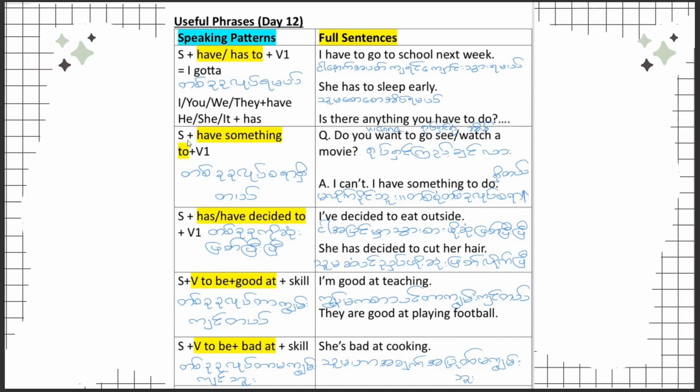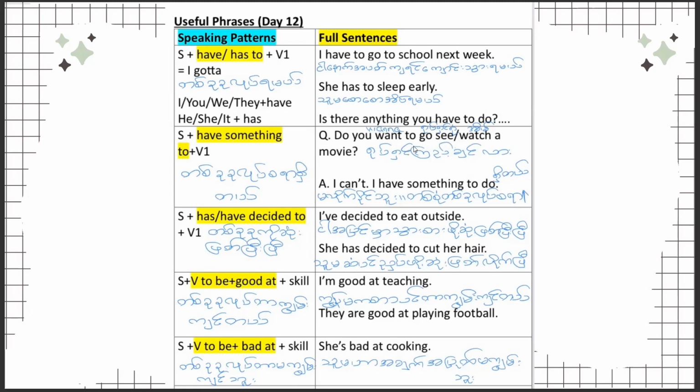The second one is subject plus have something to plus verb 1. So the meaning is having something to do. For example, this is a question and answer. The question is, do you want to go watch a movie?